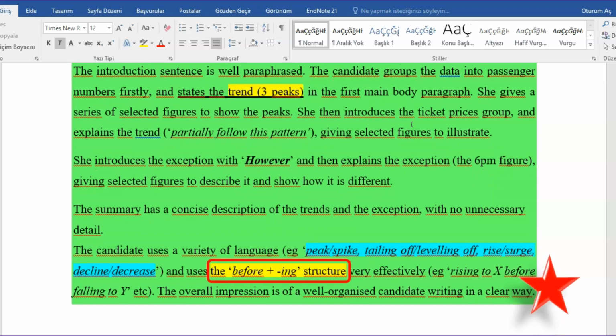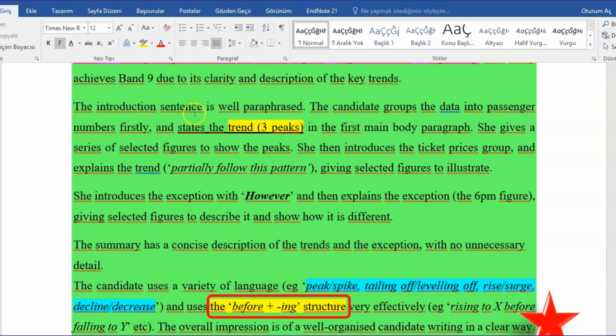The introduction sentence is well paraphrased. The candidate groups the data into passenger numbers firstly and states the trend, a 3-peak pattern. In the first main body paragraph, she gives a series of selected figures to show the peaks.